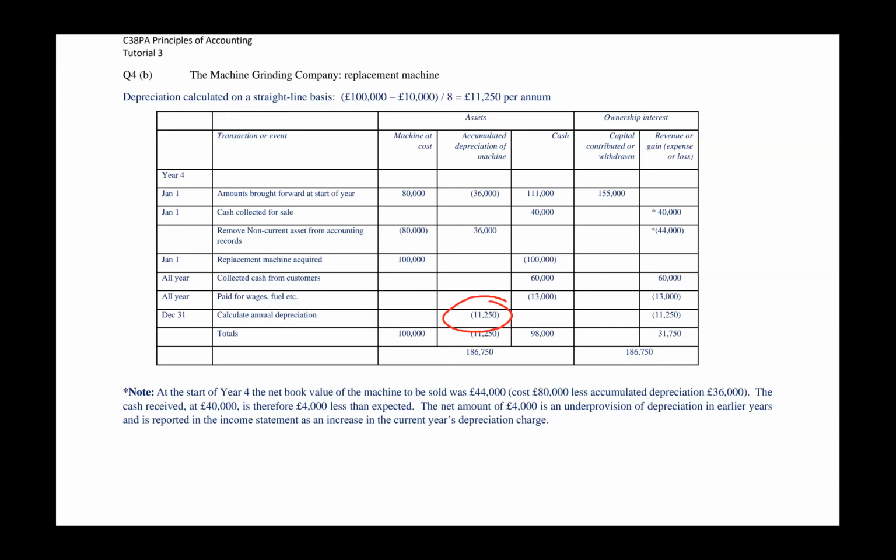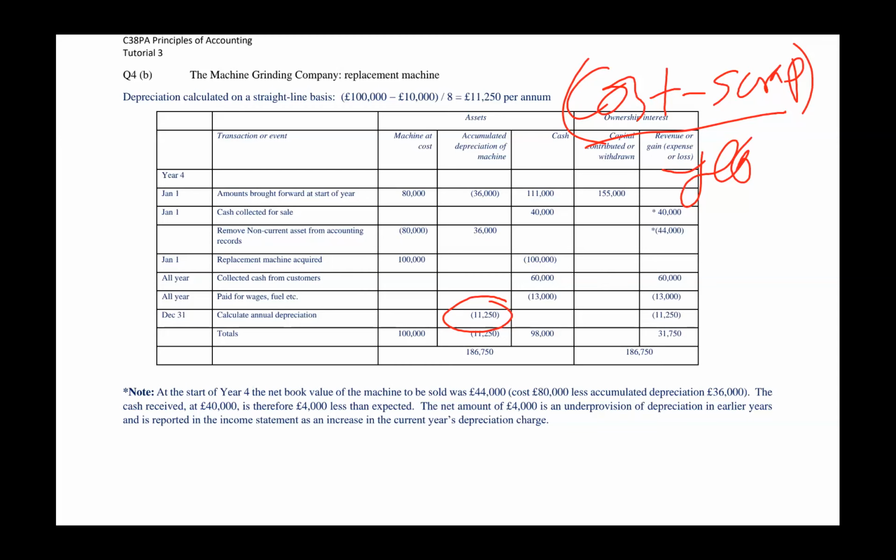Basically, we use the same formula: cost minus residual value, divided by the expected life in years.